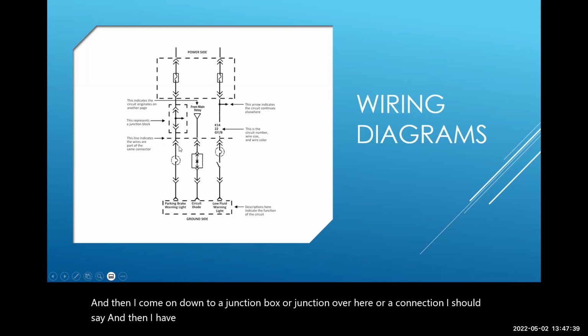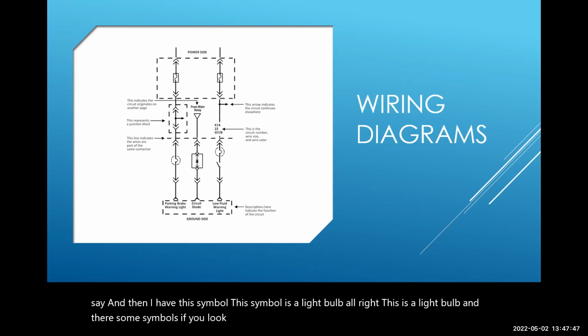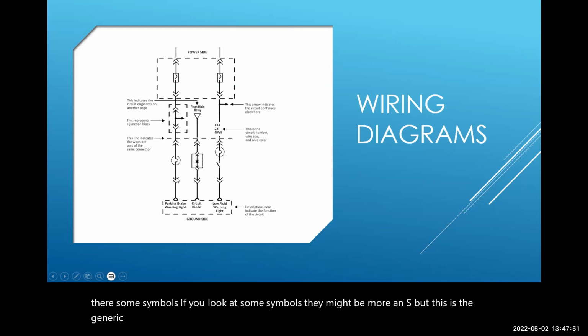This symbol is a light bulb. Some symbols might be more of an S, but this is the generic form of a bulb, coming down to another connector, and then it goes down to the parking brake warning light on this particular one.